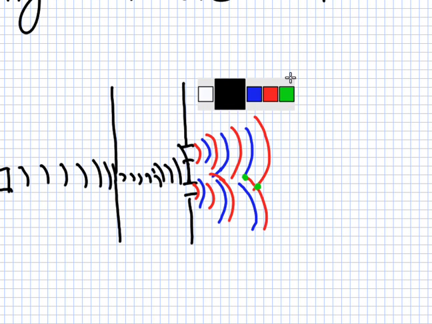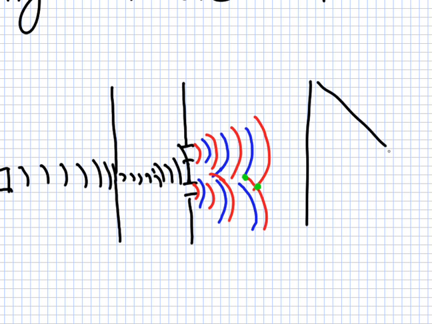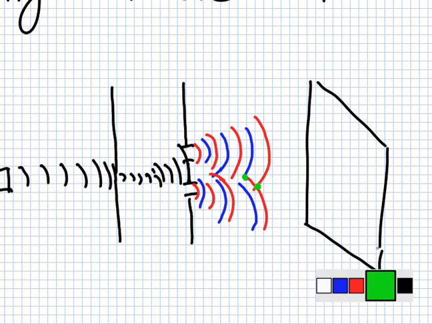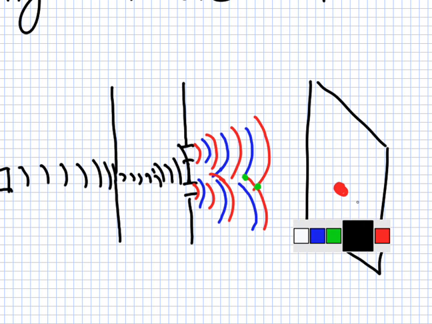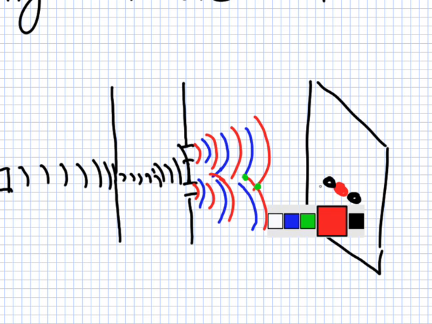So you put a screen here, a wall, and you'll get some bright light in the middle, but then you get darkness beside it, and then you get bright light again, and then you get darkness again.